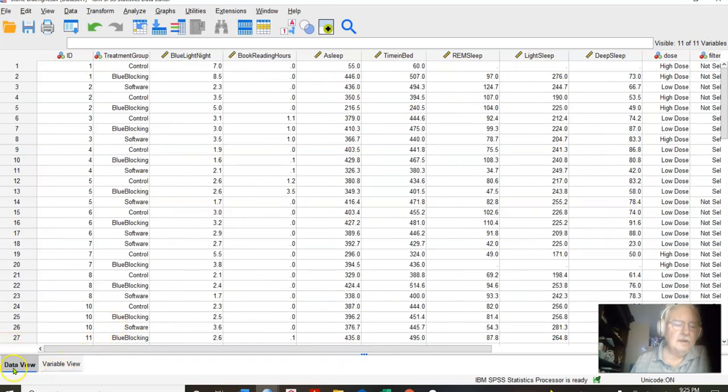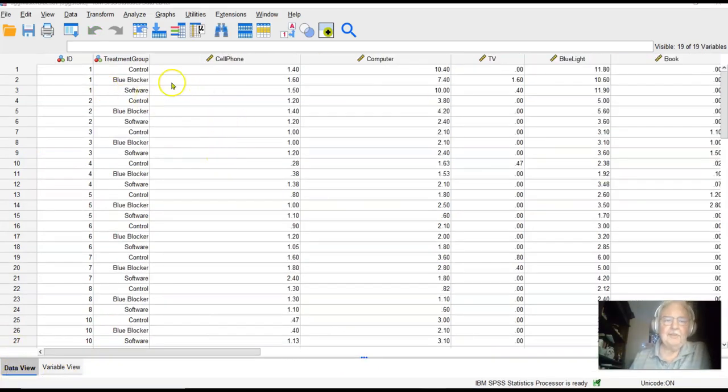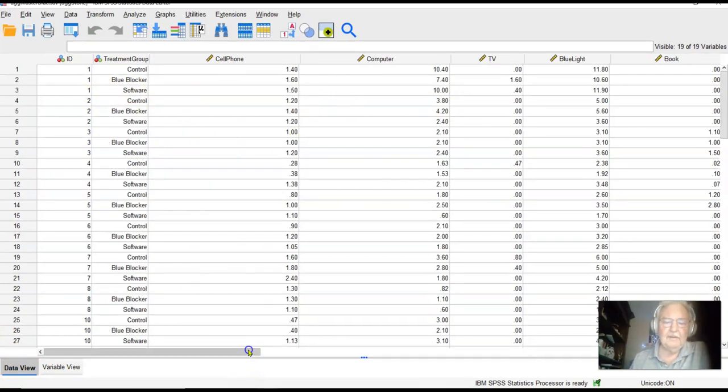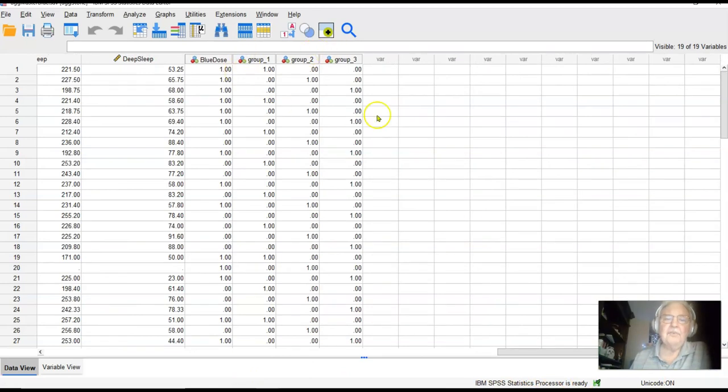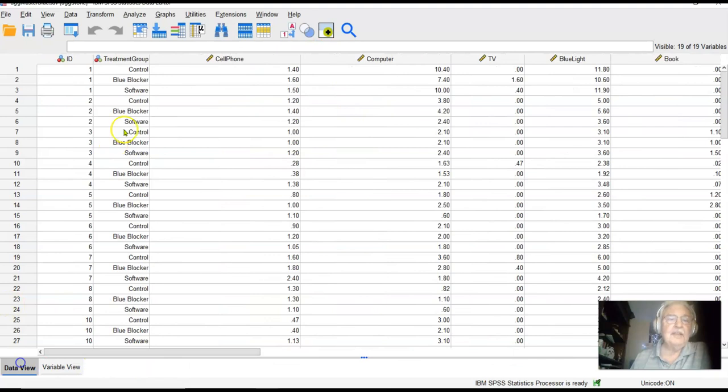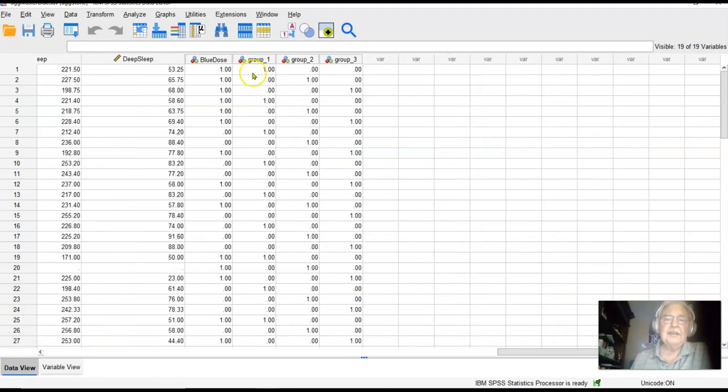Sorry, wrong database I called up. So this is the database that we used, and here are our 3 variables. If we come over here, we have Control, Blue Blocker, and Software, and it's created a 0, 1 variable for group 1, a 0, 1 variable for group 2, and a 0, 1 variable for group 3, or the software, blue blockers, control.